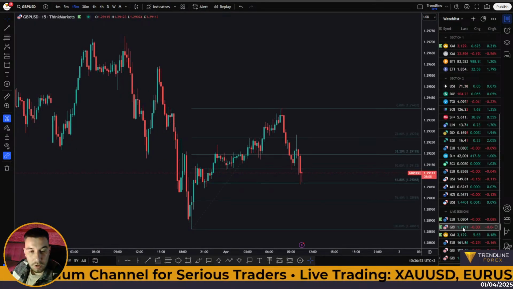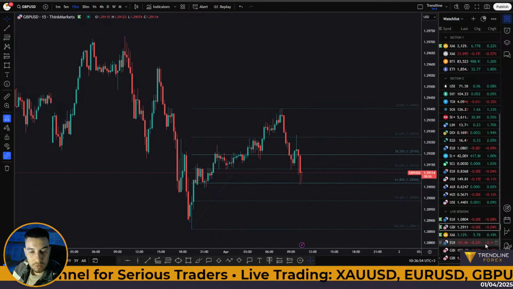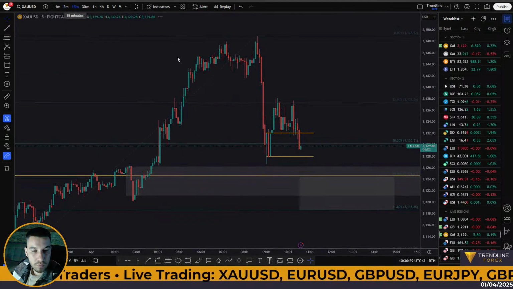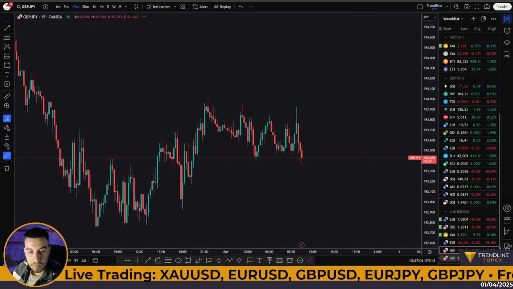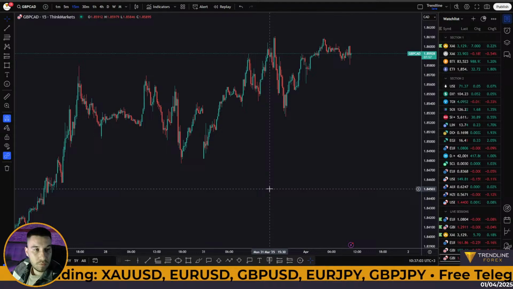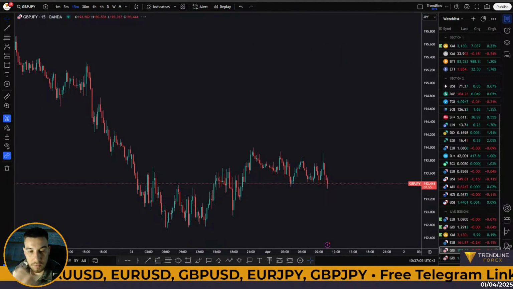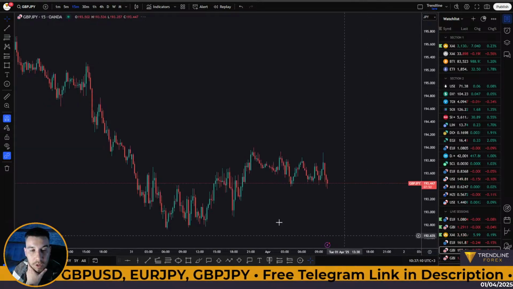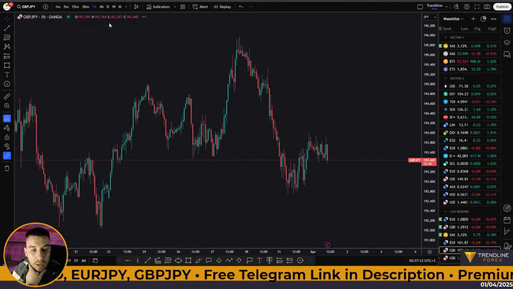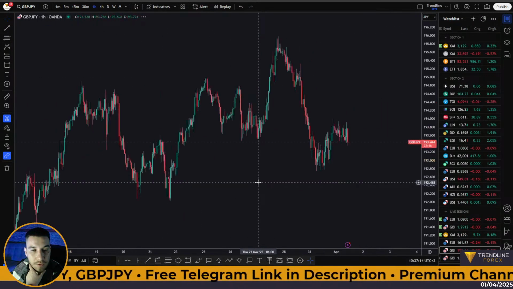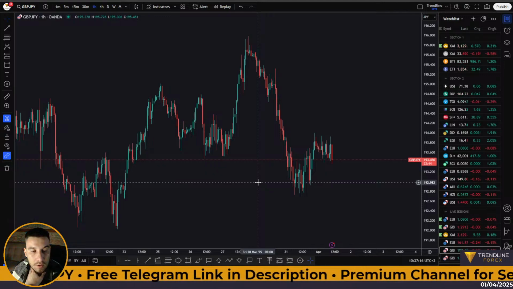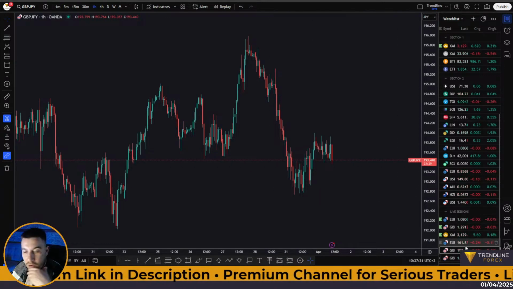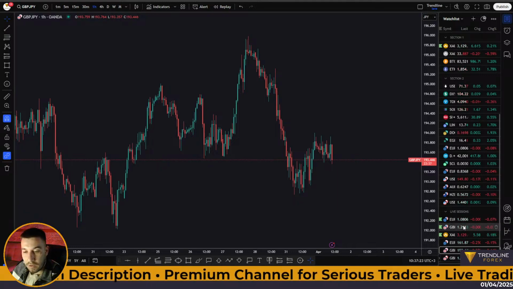I don't like euro dollar though. Pretty much a sideways movement here on pound yen when you look at the lower time frames. But right now I would prefer to trade the majors.